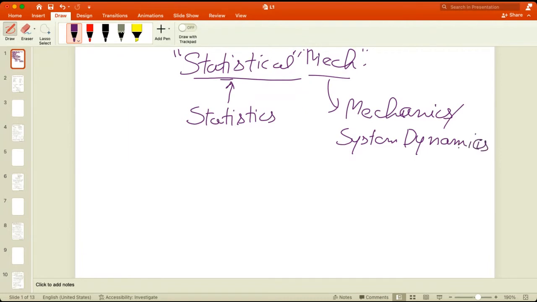What do I mean by system dynamics? You might have read about this in your 10 plus 2 also, something called kinetic theory of gases, right? So kinetic theory of gases kind of thing.